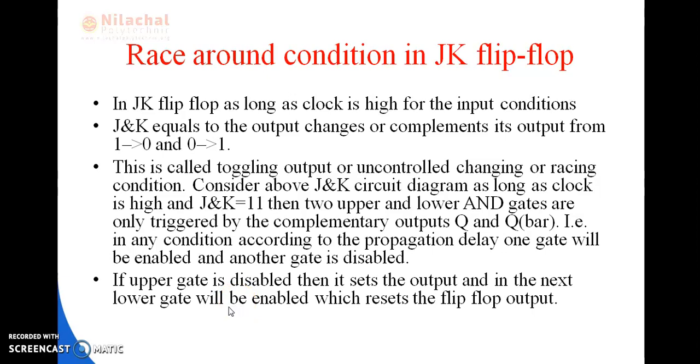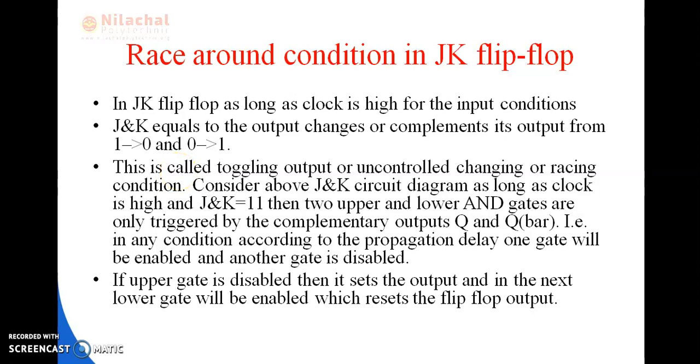So what is race around condition? Race around condition means in a JK flip-flop, when J equals K equals 1 and the clock pulse is too long, at that time the output of the flip-flop will keep on changing from 1 to 0 and 0 to 1 and so on.